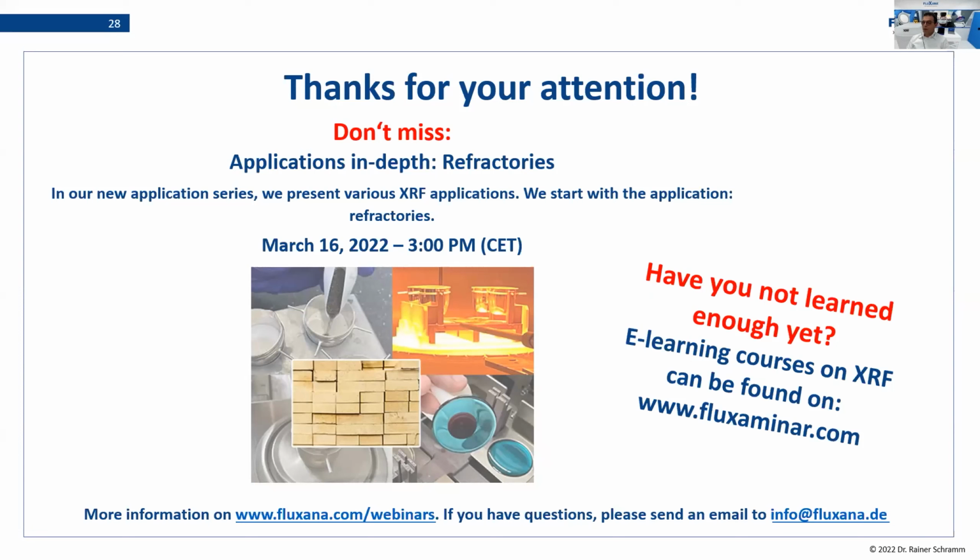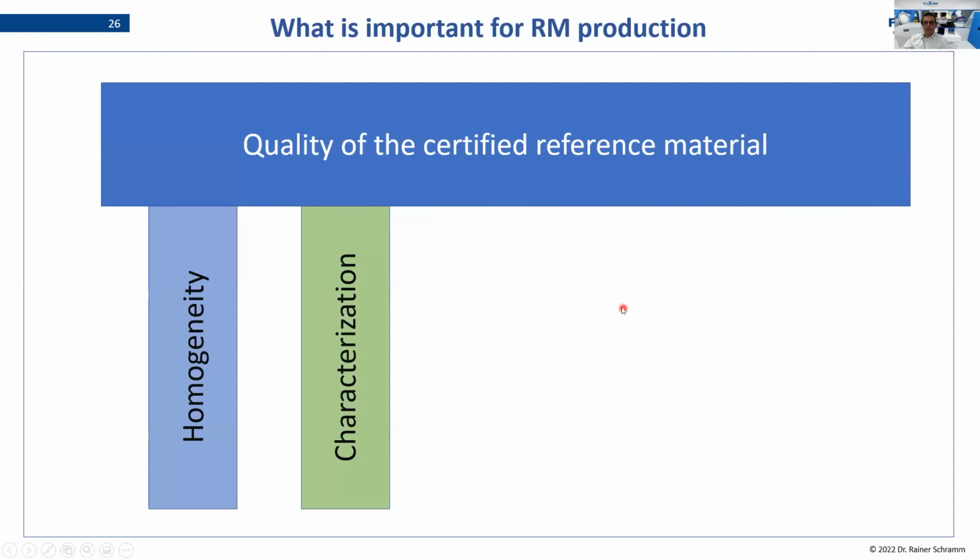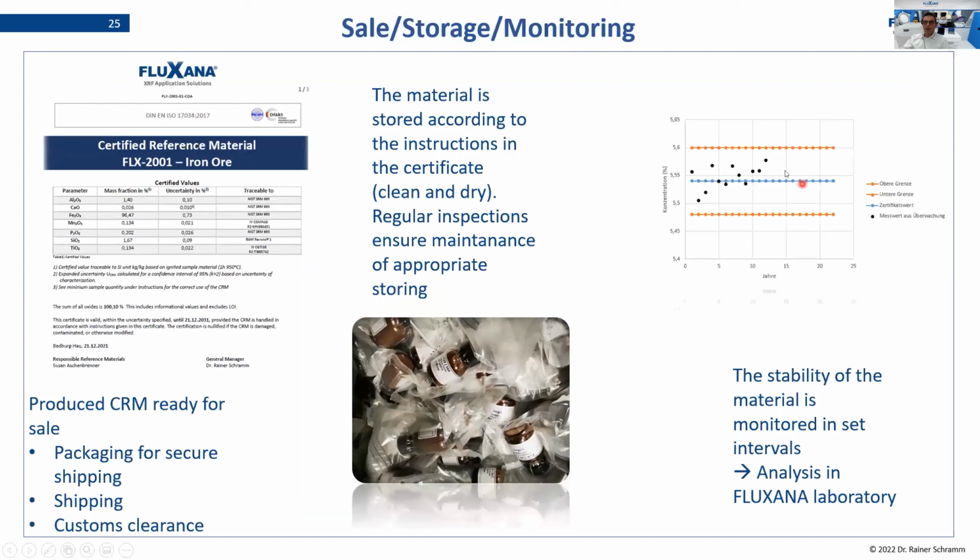So what happens if a CRM is not as stable as expected over the long term? It means that in the beginning we have to define when a material is stable and when not. That means already in our planning of the reference material, we define when it is out of specs and when we still consider it as stable. This is what I have shown you in that curve.